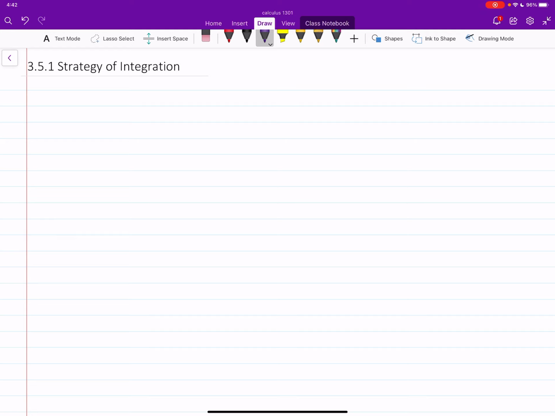Okay, so as you know, the first thing that you must know is the table of integration, or anything which is related to the table of integration. So you have to know the table of integration by heart. Also, there are a few things that, as we were working, we have added to the table.